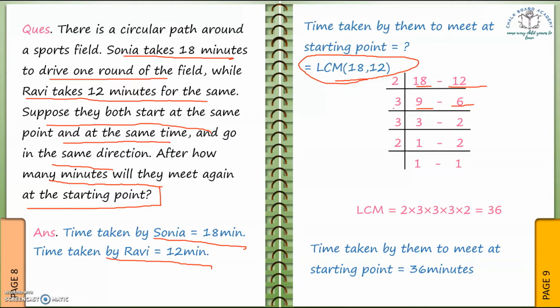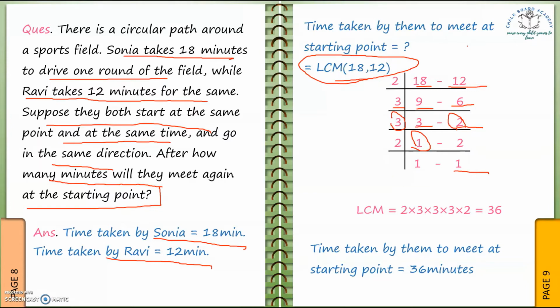Like we have taken here 3, so I have divided 9 here, then 6 by 3, then we got the result as 2. Now again we are dividing by 3, so we got the result 1, and then by 2 to get the result 1.